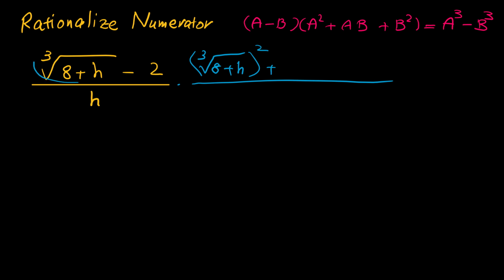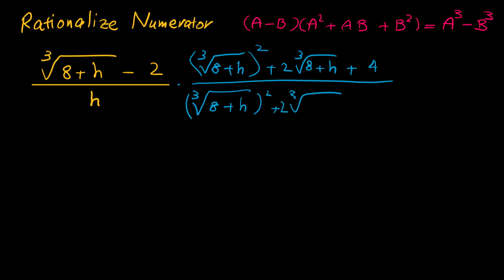A is this radical, b is 2. So 2 times cube root of 8 plus h, and finally b to the 2, which is 4. And we have to multiply the denominator by exactly the same expression. So cube root of 8 plus h to the power of 2, plus 2 cube root of 8 plus h, plus 4.